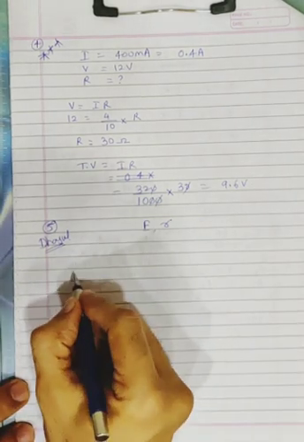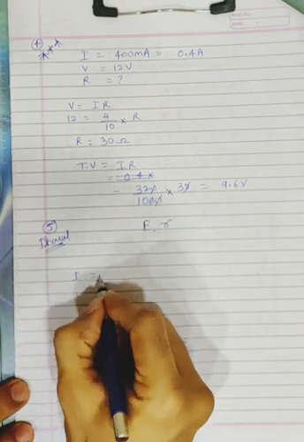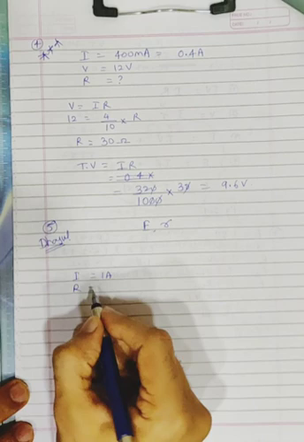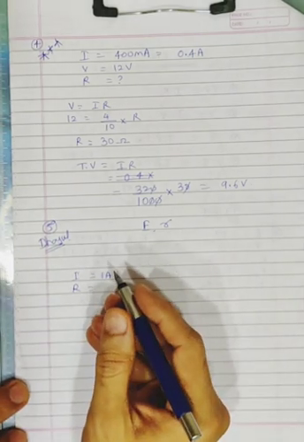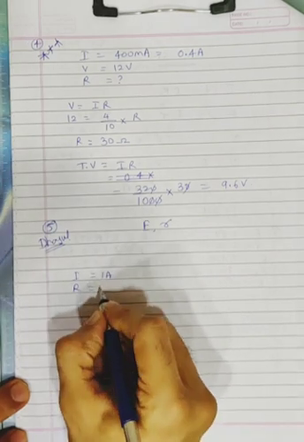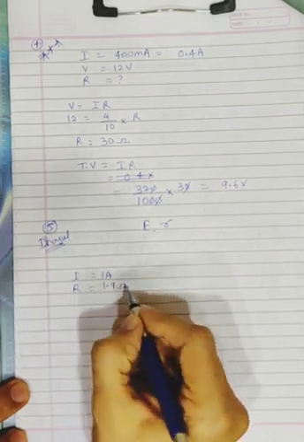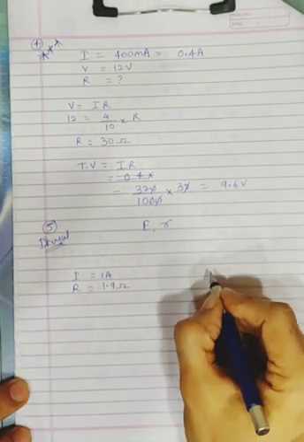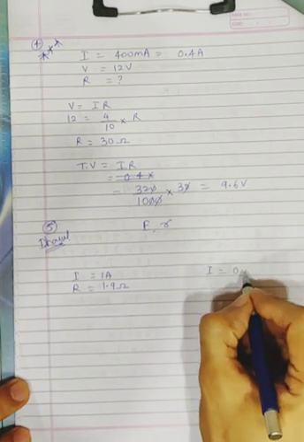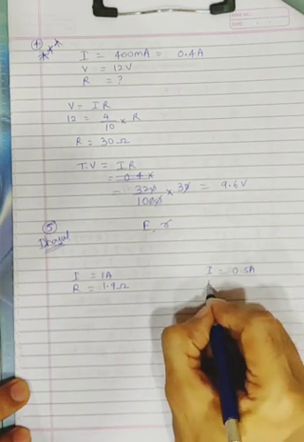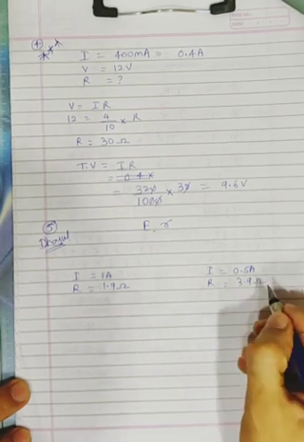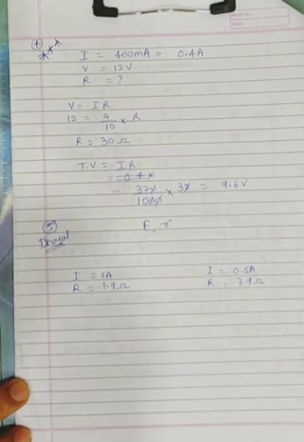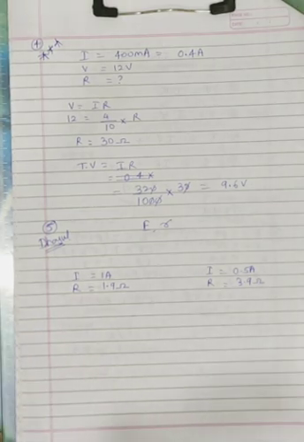It sends a current of 1 ampere when it is connected to an external resistance of 1.9 ohm. But it sends a current of 0.5 ampere when the resistance is 3.9 ohm. Calculate the values of EMF and small r.